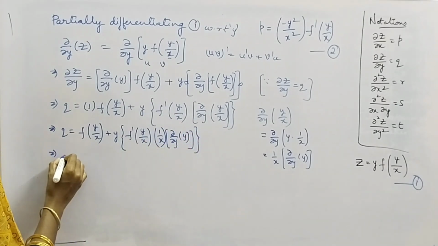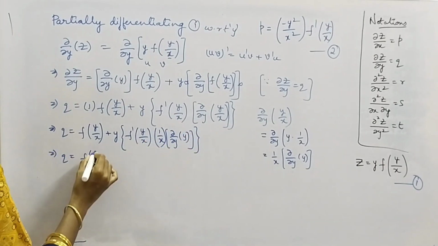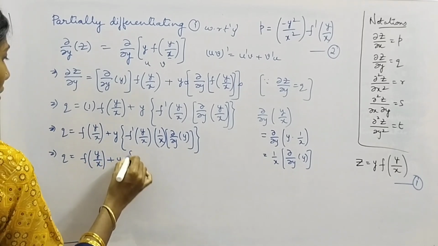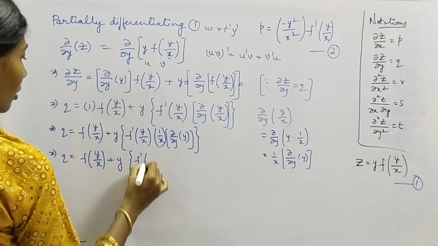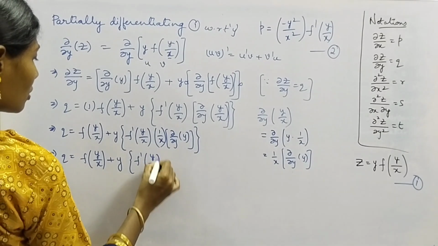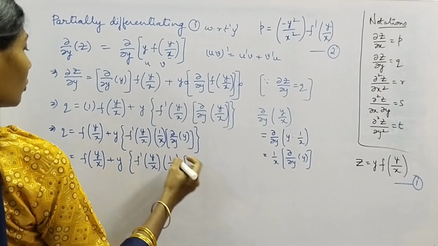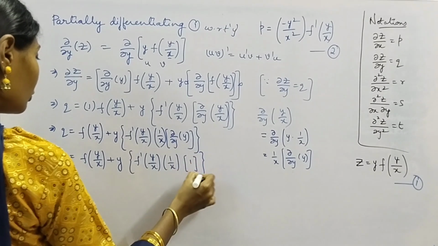This gives us q equal to f of y by x plus y into f dash of y by x into 1 by x into the partial derivative of y with respect to y, which is 1.